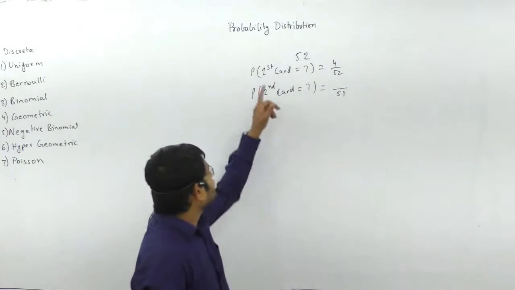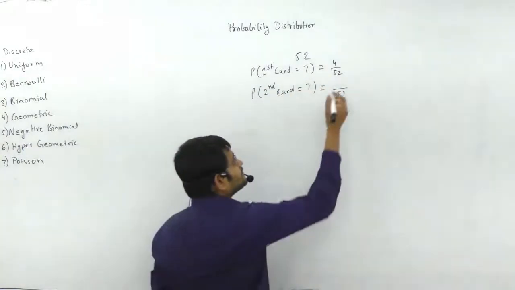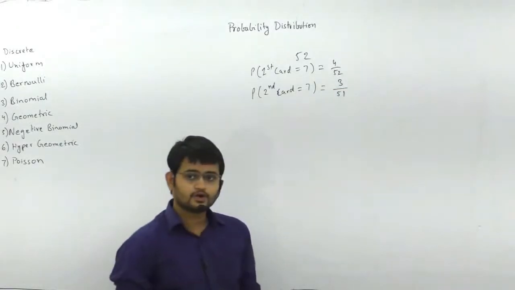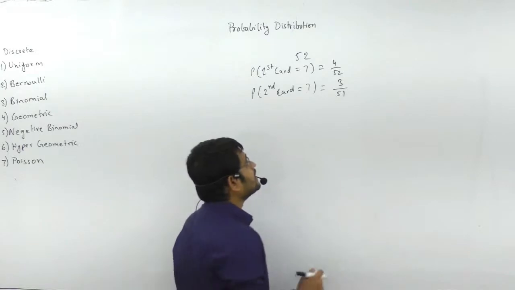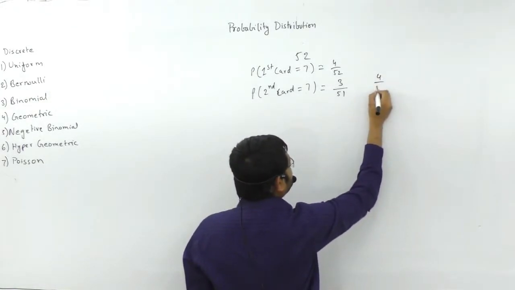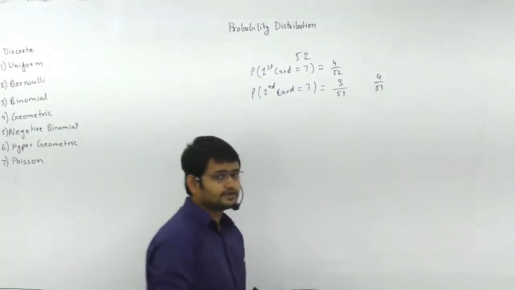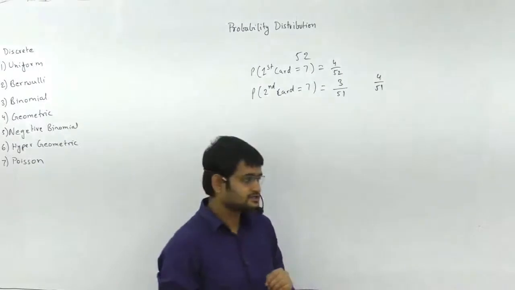If my first card was a 7, then the probability of the second being a 7 becomes 3 by 51, because now there are only 3 sevens. And if the first card was not a 7, then the probability becomes 4 by 51. So we'll have such different paths.